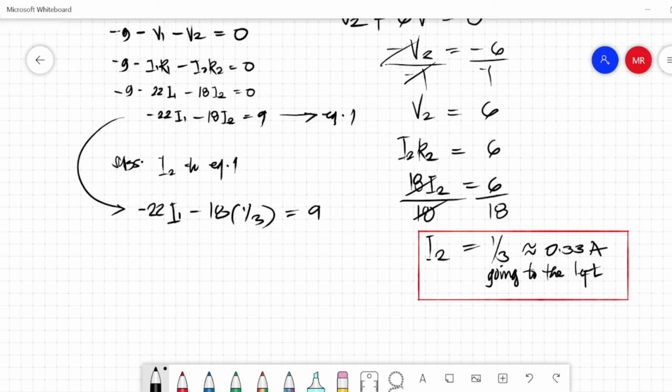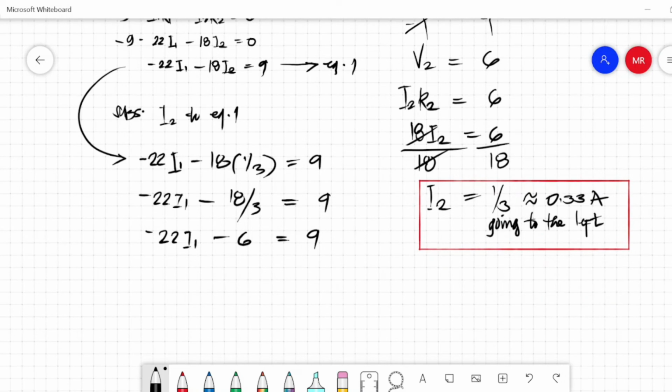So this is negative 22 I1 minus 18 over 3 is equal to 9. Negative 22 I1 minus 6 is equal to 9. Then negative 22 I1 is equal to 9 plus 6. Negative 22 I1 is equal to 15.